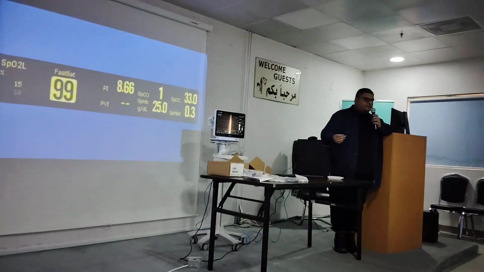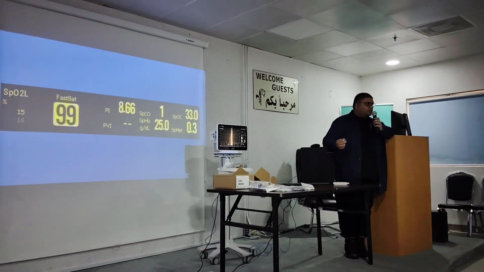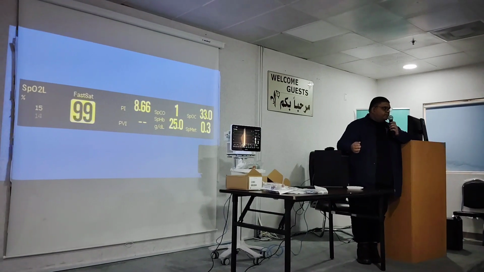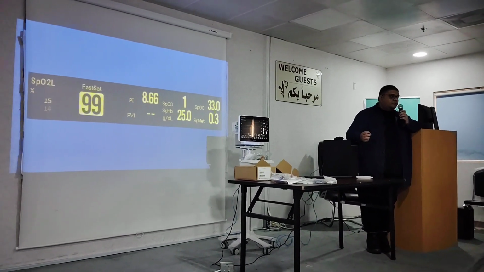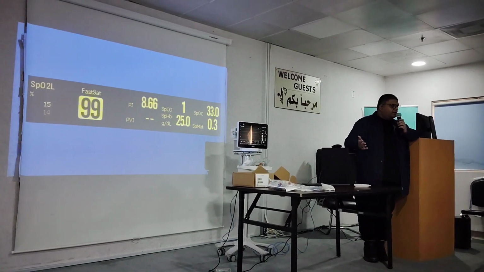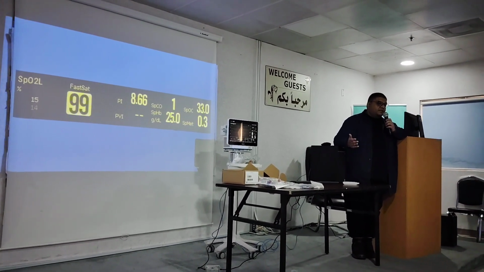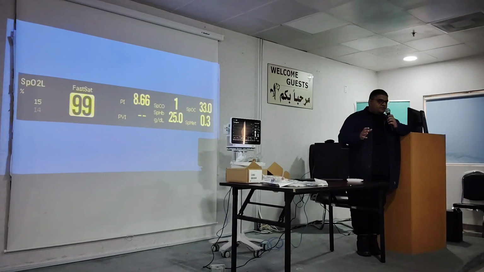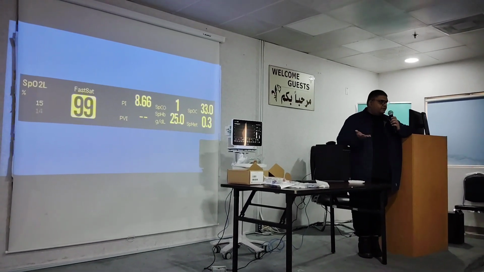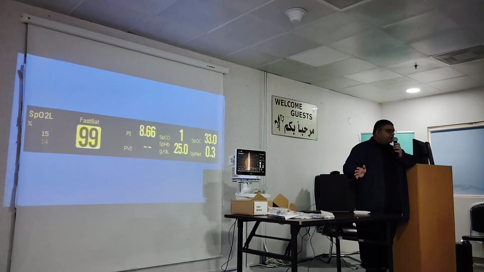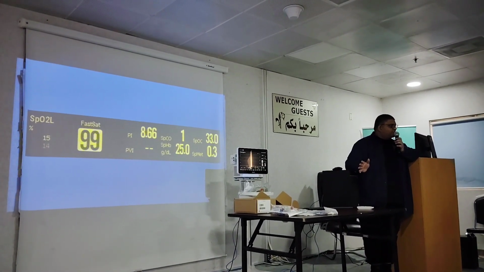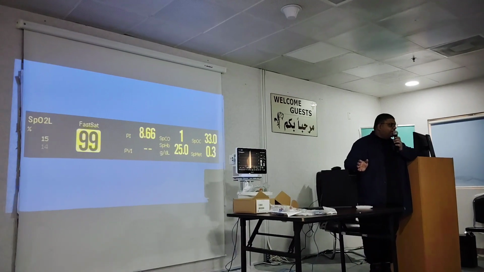Another thing is, because of the way SpO2 works, it's an infrared sensor and a red light sensor. So when the color of the skin changes too much from the normal skin color, the values will be affected. So it's best to use a normal skin color. It doesn't really matter what color your skin is, as long as it's normal, it should work. Because infrared cannot see color, actually.